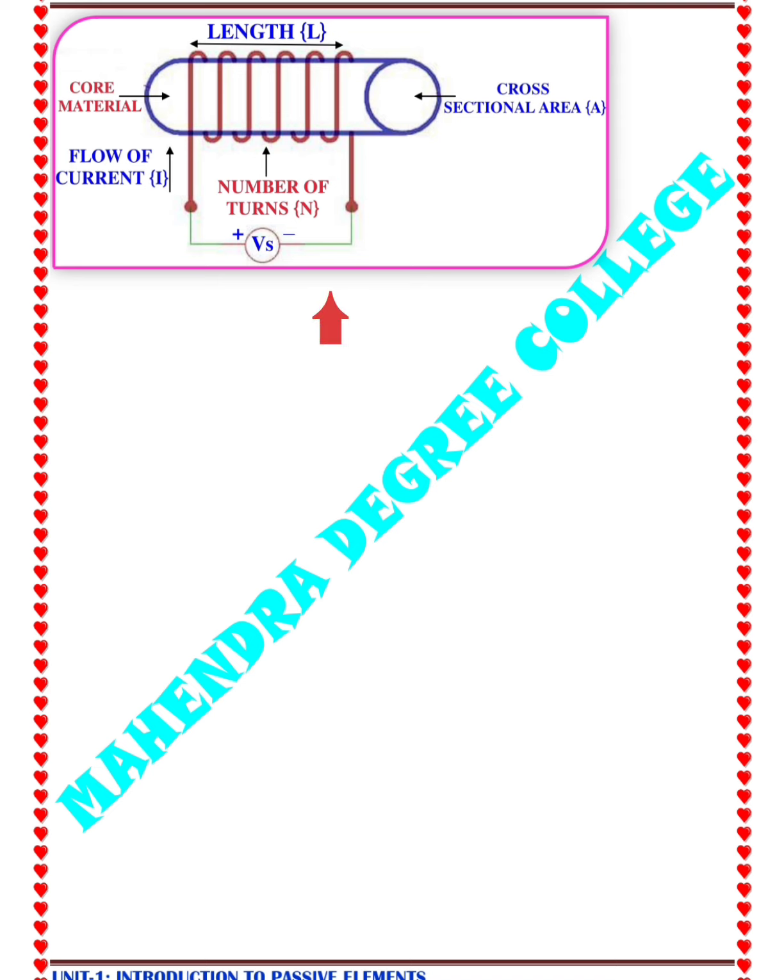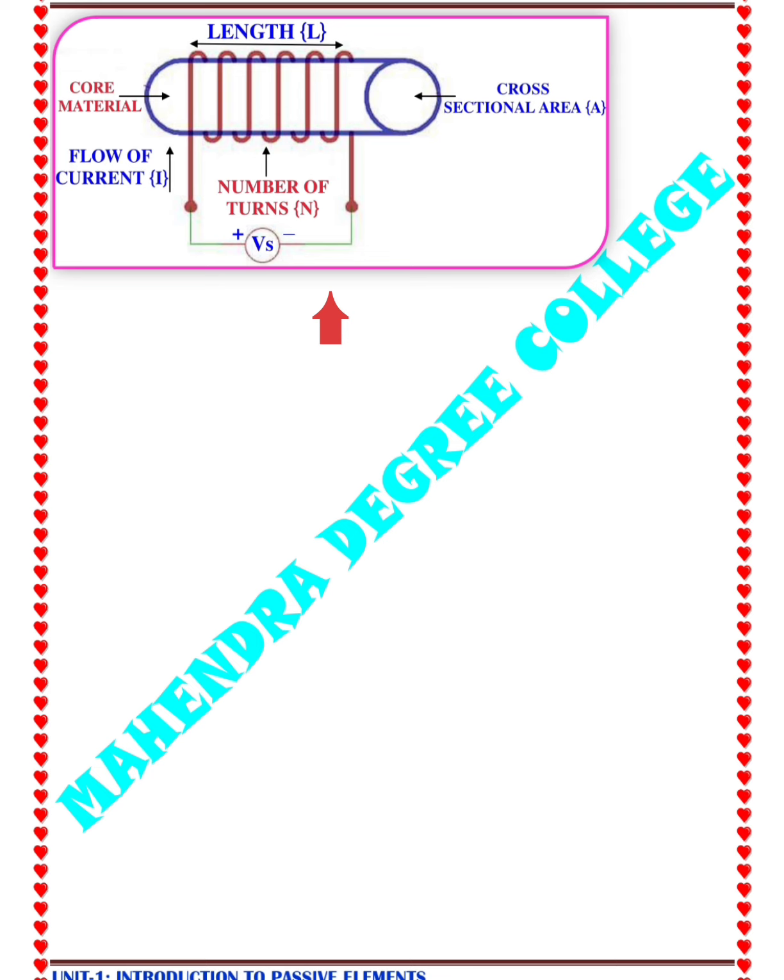This is a diagrammatic explanation of the construction of a simple inductor, where core material, the long central part, is called the core. It can be made of air, iron, or any magnetic material.